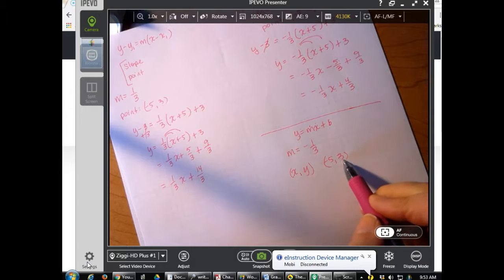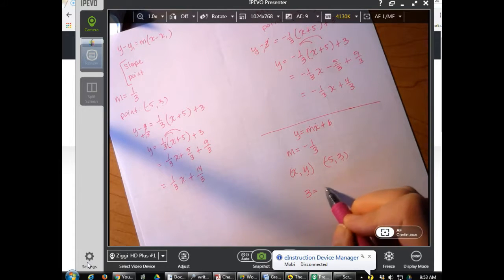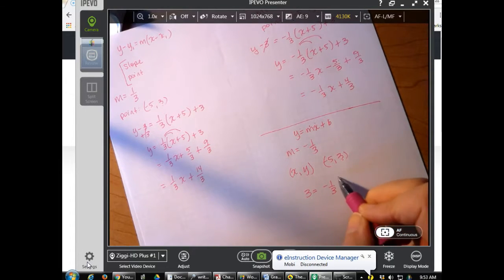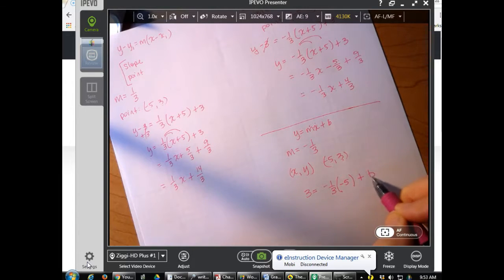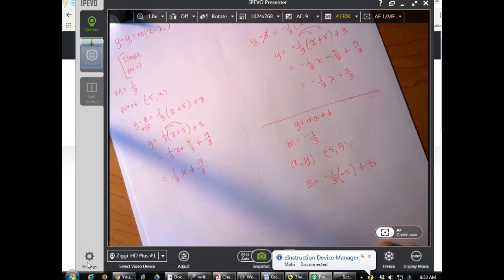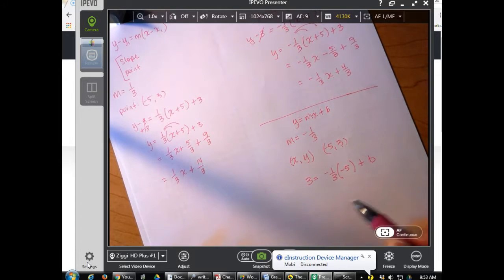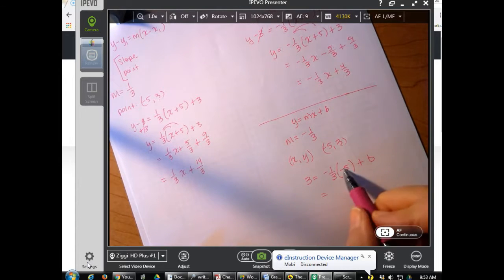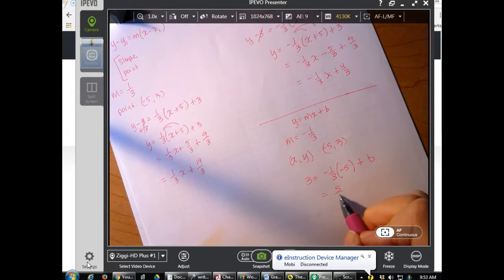So my y is this y of 3. My slope is negative 1/3. My x is negative 5, plus b, which I don't know. Some of you may like this a lot better. So this is going to give me a positive 5/3, and then I have the 3 here, plus b.